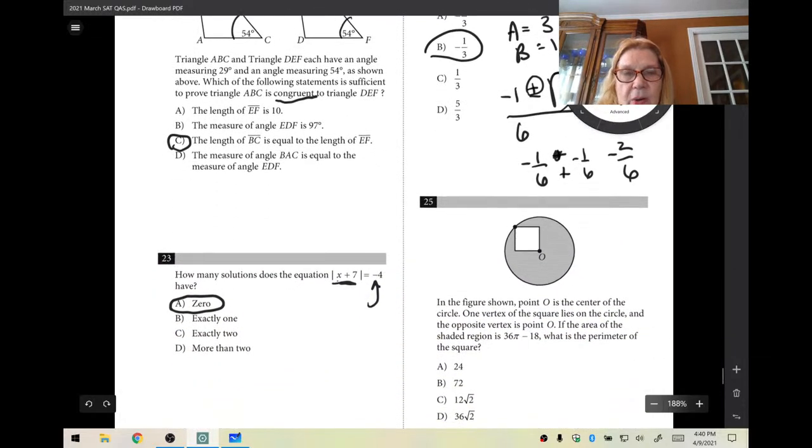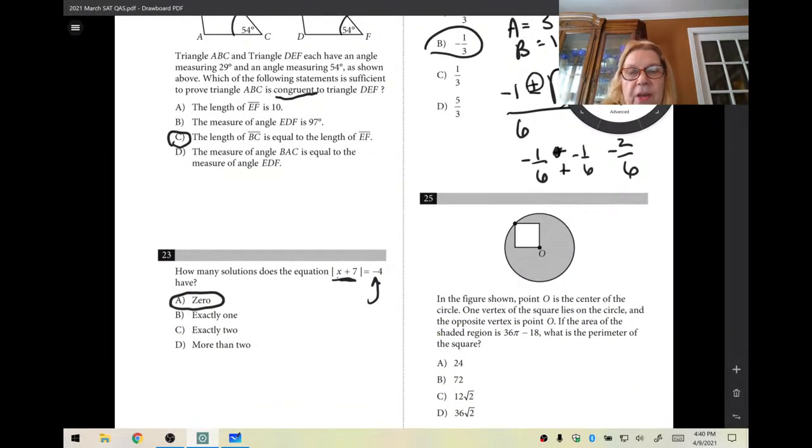So a geometry question. In the figure above, point O is the center of the circle. So the area of the region. We know this is the area and 18 is the square. So we need to get the perimeter of the square. We know the area of the square is s squared. So we have to take the square root of 18 and simplify it.